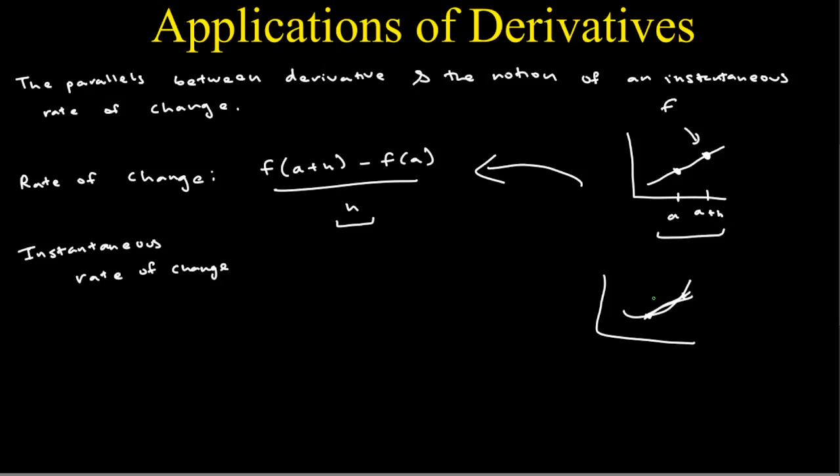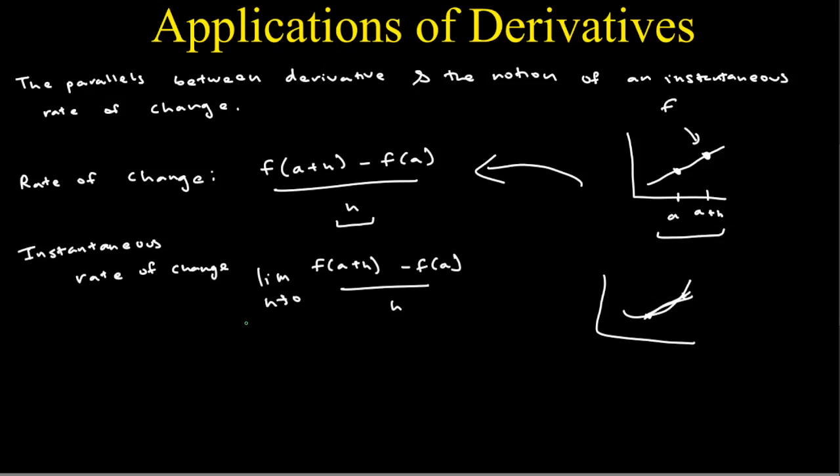And what would that mean? If we want our instantaneous rate of change, we want to sample an interval that's extremely small. That means we want a plus h and a to be very close to each other, and our difference in x to be very small as well. That's where we bring in limits, and we take the limit as h tends to 0, which means we're sampling the rate of change over an interval that's getting towards 0.